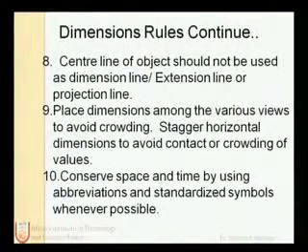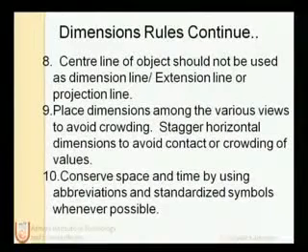One can use the extension of the center line but not the center line as a dimension line. Next is place the dimensions in various views to avoid crowding. Stagger the horizontal dimensions in order to avoid the crowding of the values. So the values should also be staggered rather than writing them one above the other.